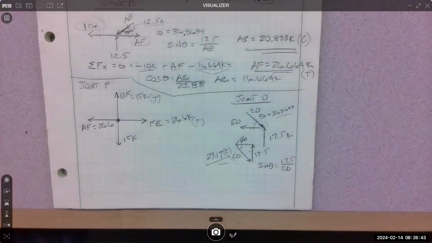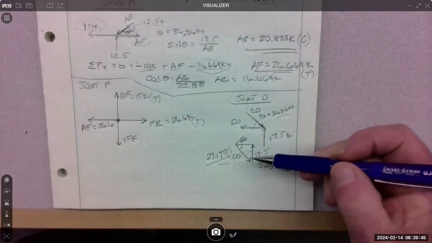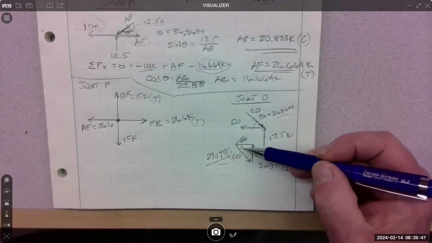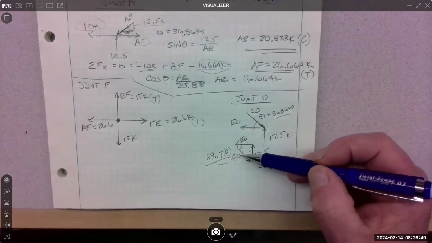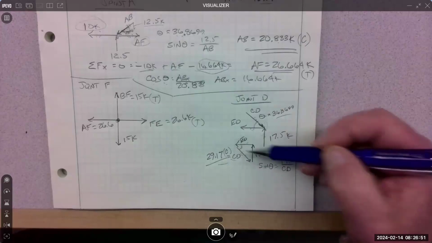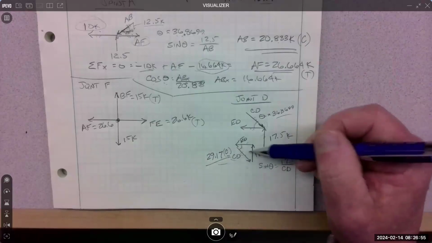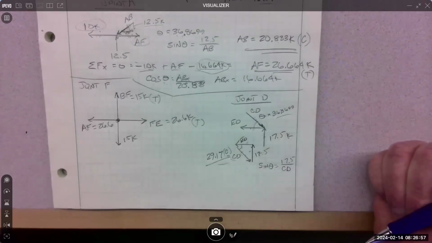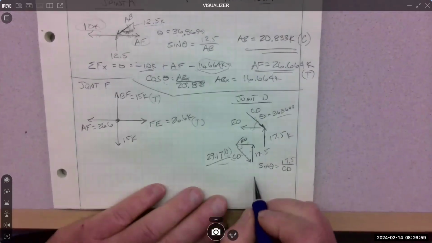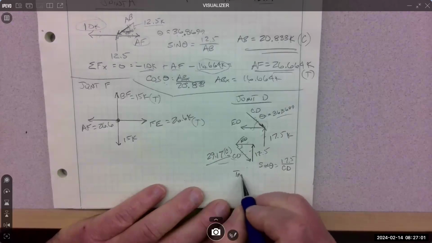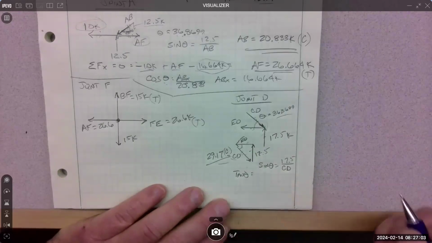That's CD. And then ED, same kind of thing, we'd go cosine over CD. Or you could use tangent, because you know this one. Either way, I like tangent because it doesn't use something that you're calculating. We'll use tangent.